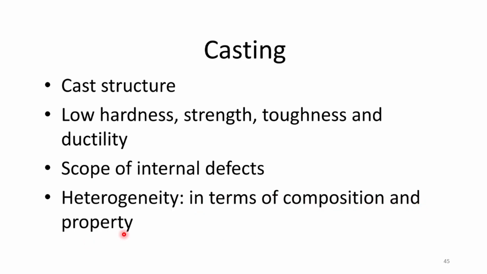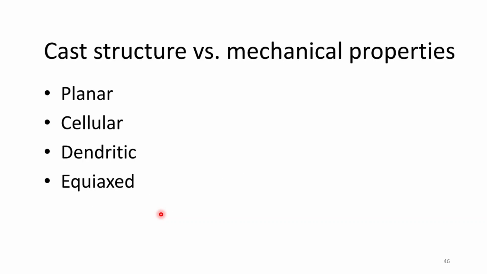As I told earlier, if you are casting your material at higher cooling rates, then there will be heterogeneity in your microstructure. There will be formation of columnar or dendritic structures, which will be heterogeneous.